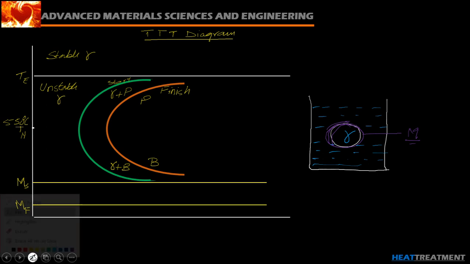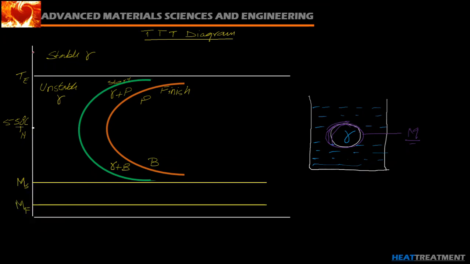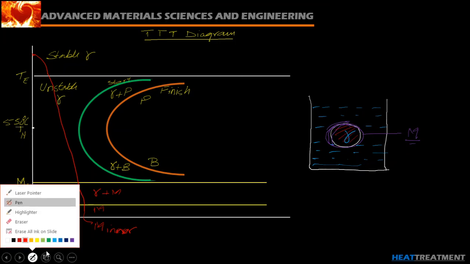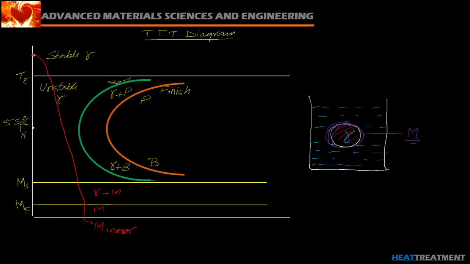And if I draw the quenching curve, let's say I draw this curve for the transformation of austenite to martensite for the inner, and another curve that represents the transformation of austenite to martensite for the case of the surface layer.